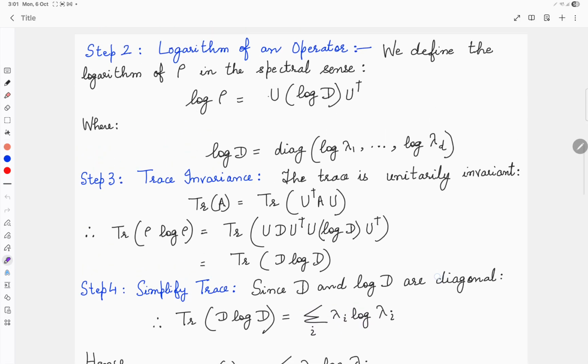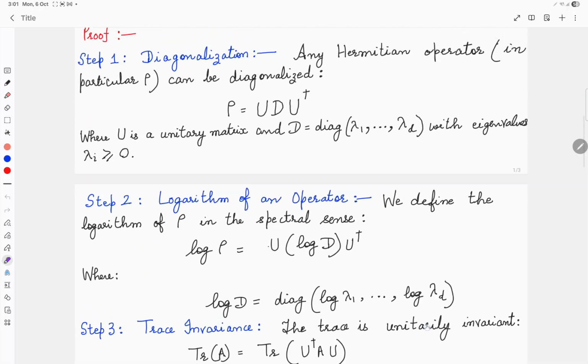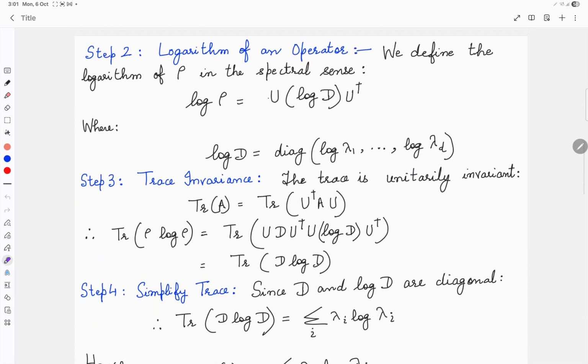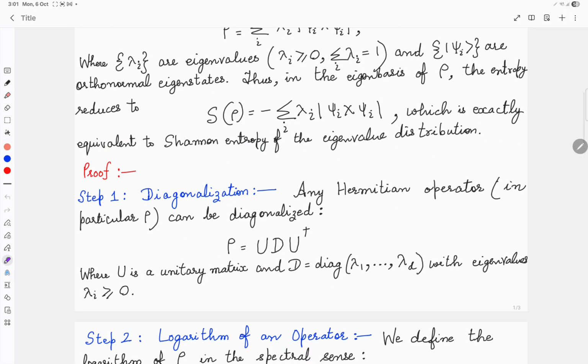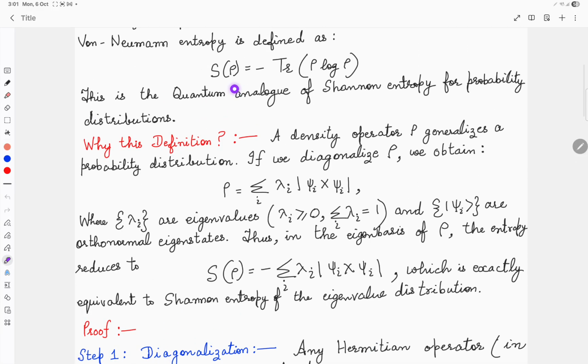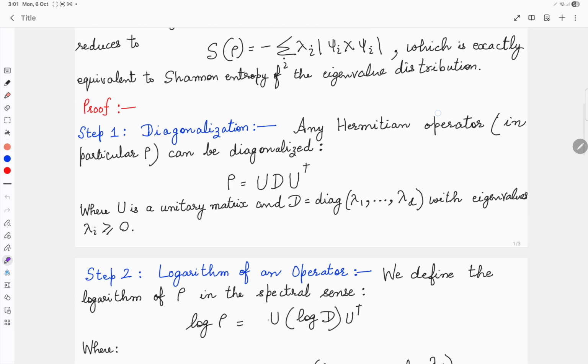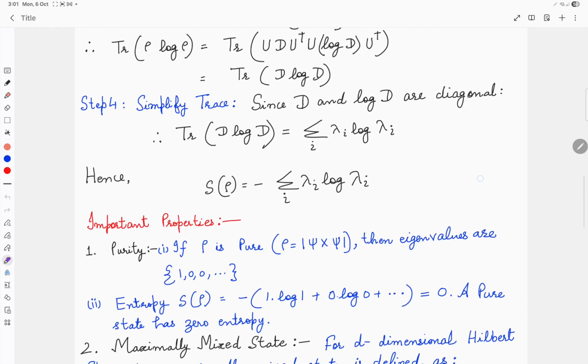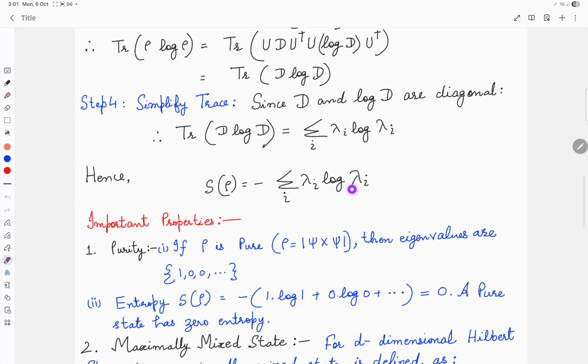So we started with the original definition, which says that the von Neumann entropy or the quantum entropy is given by minus trace of rho log rho, and we have expressed this in terms of the eigenvalues. So S(rho) is equal to minus sigma i lambda i log lambda i.